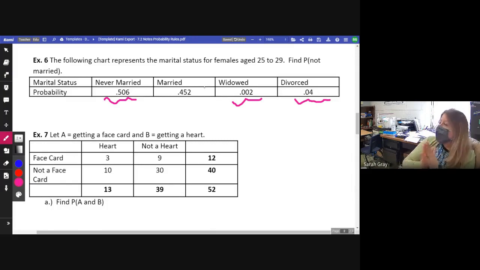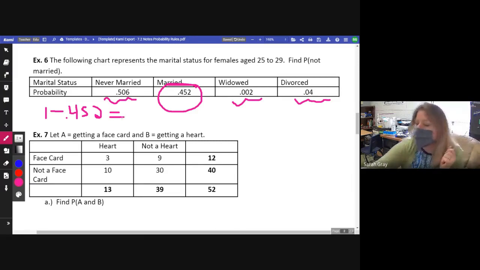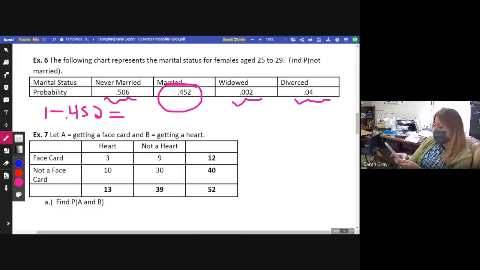Or, we know that this has to add up to 100%. Take 100% minus the probability of being married. And you get 0.548.